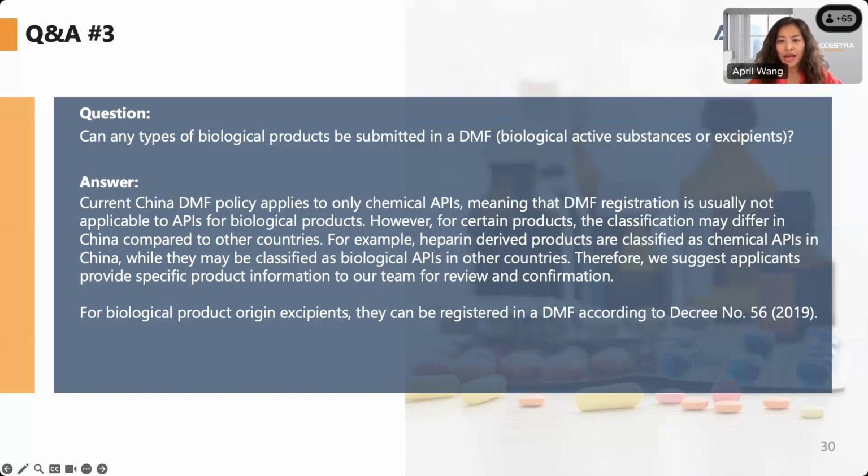For example, heparin-derived products are classified as chemical APIs in China, while they may be classified as biological APIs in other countries. So we suggest applicants provide specific product information to our team for review and confirmation. And for biological product origin excipients, they can be registered in a DMF according to decree number 56.